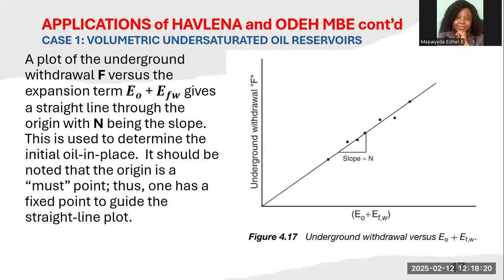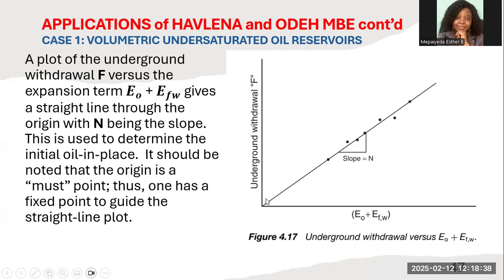Okay, so if we plot F underground withdrawal against EO plus EFW, what do we have? We have a straight line that goes through the origin.